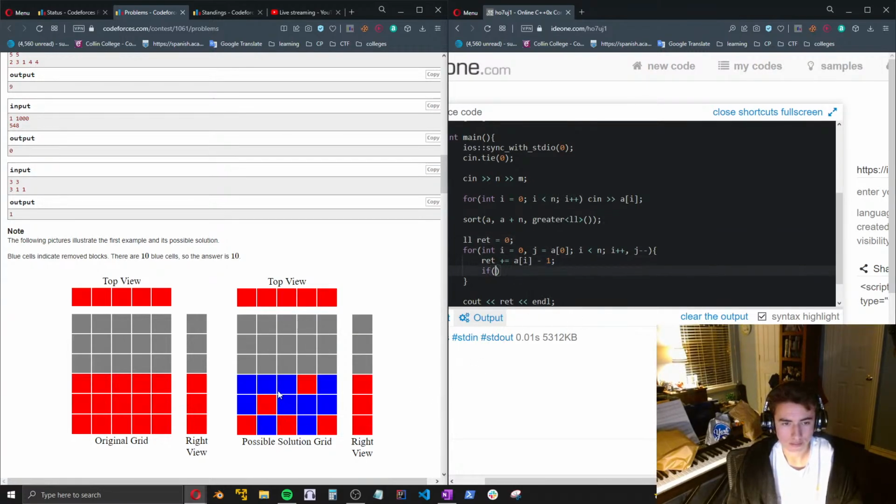However, if the last one is not equal to this height, you're gonna have to add minus max of 0, a of 0, j minus a of i, something like this.